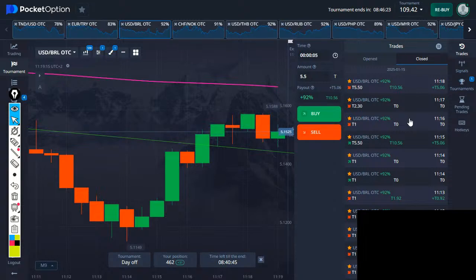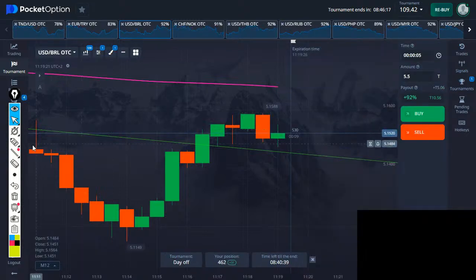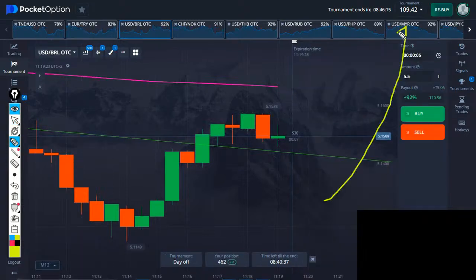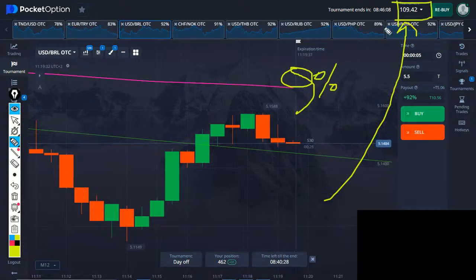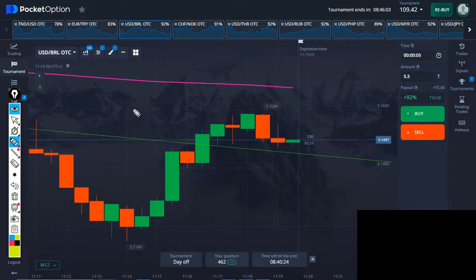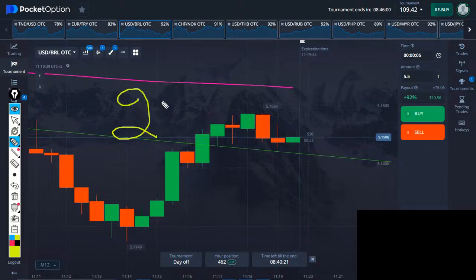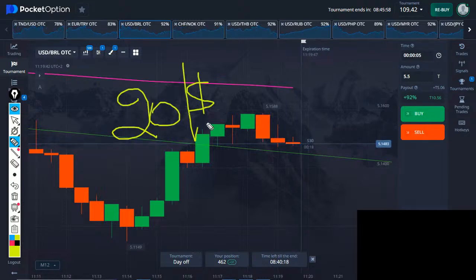And how much time did it take? 8 minutes. So we actually made 9% ROI in 8 minutes. Guys, this is amazing. For a $100 account, I would be glad and stop trading. But since we are stress testing the strategy, I need to reach my daily goal, which is $20.